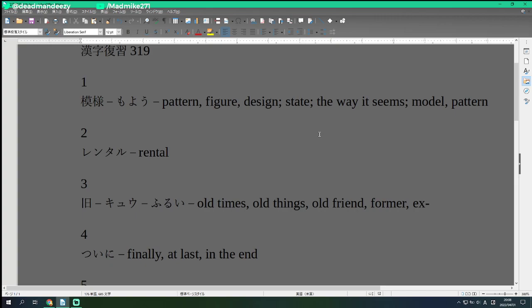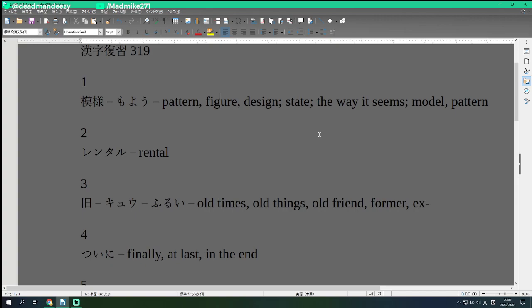Moyo is an imitation of a way or manner of doing things, which is a model, pattern, or design.